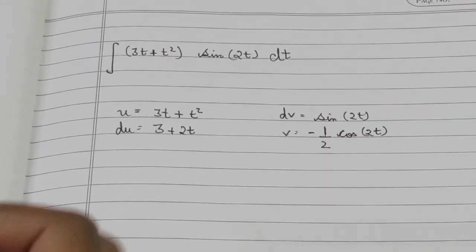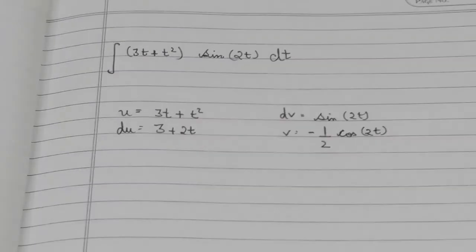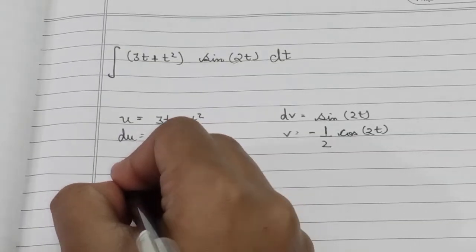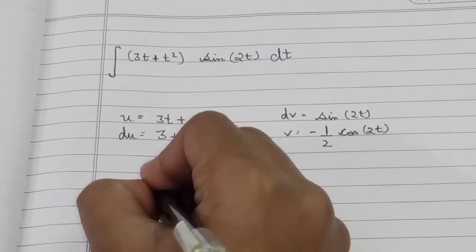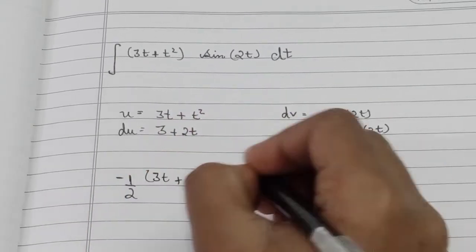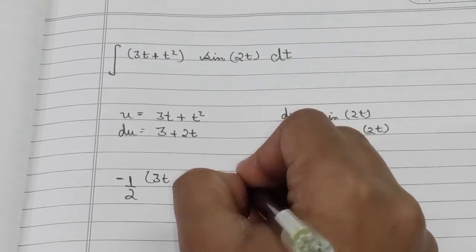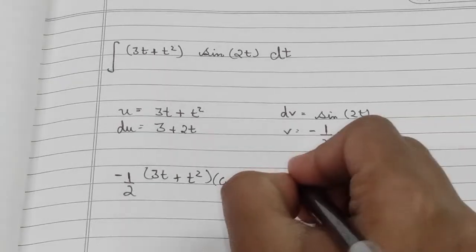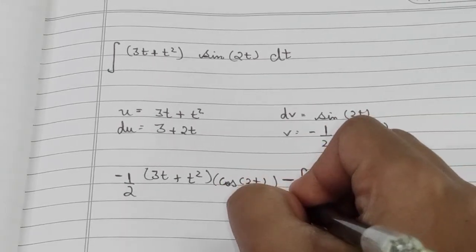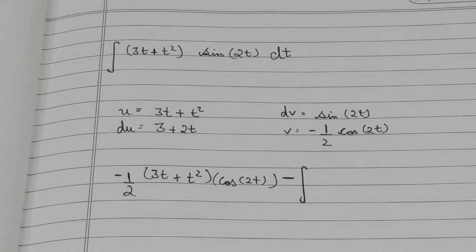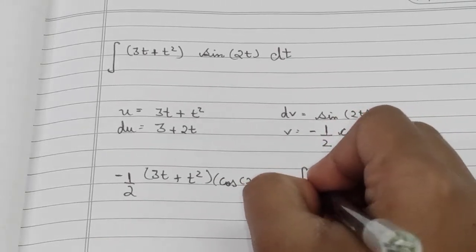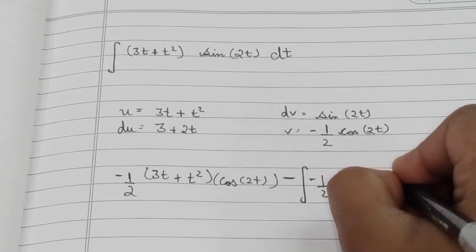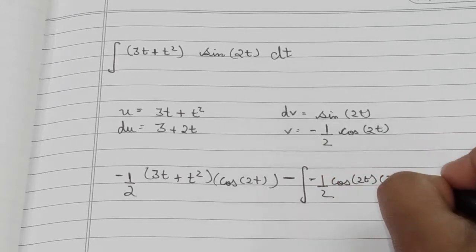Now multiply u into v for the first part of the answer. So we get negative 1/2 into (3t + t²) into cosine of 2t. For the second part of the answer we'll get minus the integral of v du, so we get negative 1/2 cosine 2t into (3 + 2t) dt.